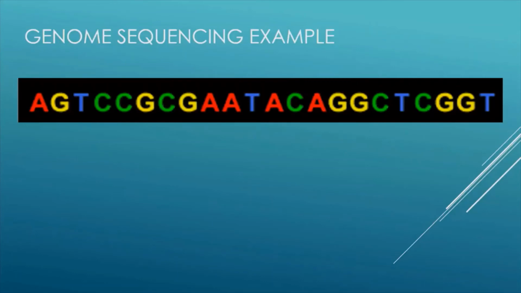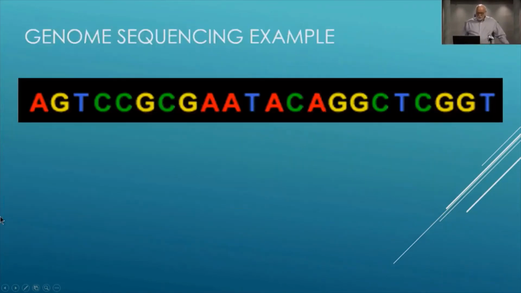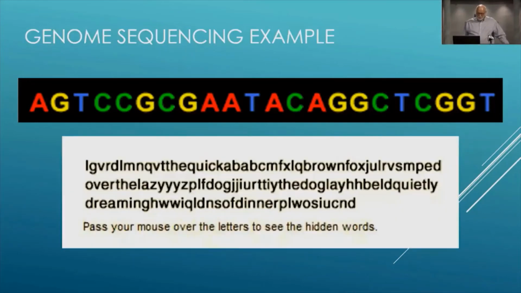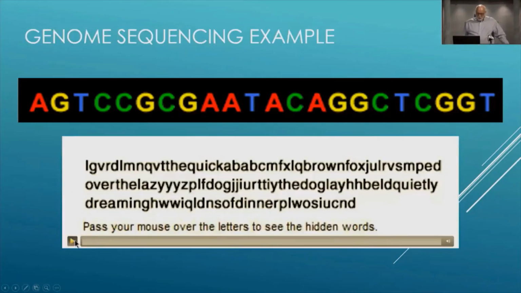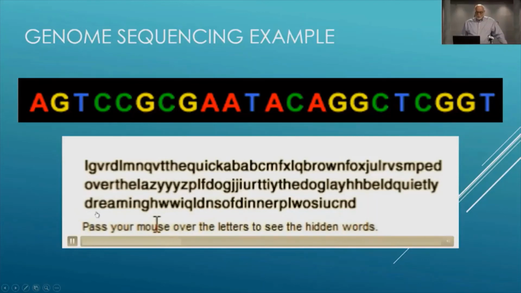This is a video that hopefully will show us how this process occurs. So we're looking at a collection of letters here, and the intent is to identify meaningful terms within these 3 lines of letters.